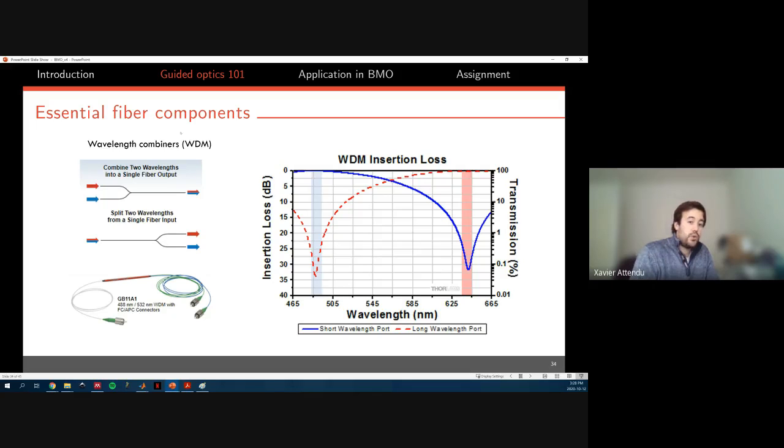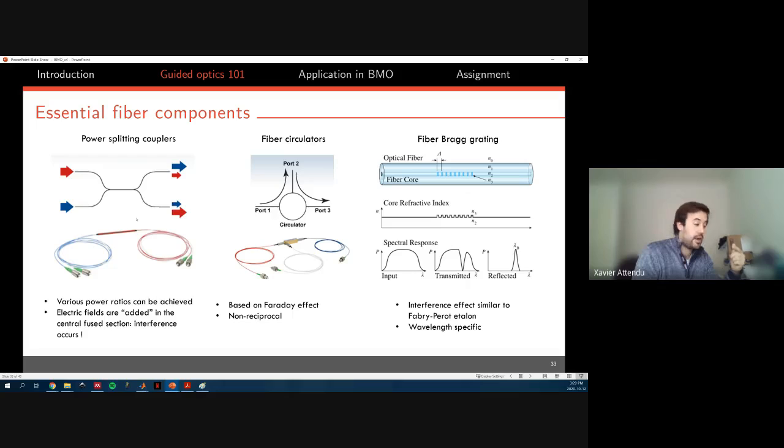Okay, so what happens in these components, in this wavelength division multiplexer, or in the other components as well, is that when you fuse two fibers together, depending on how you fuse them, you solve again Maxwell's equations. And by stretching them a little bit more, fusing them over a longer distance, pushing the cores closer together, the field will actually go from one fiber to the other. So the simplest example is the power splitter.